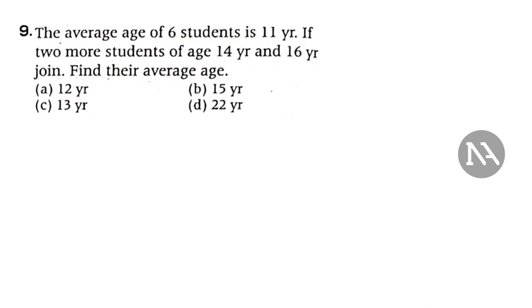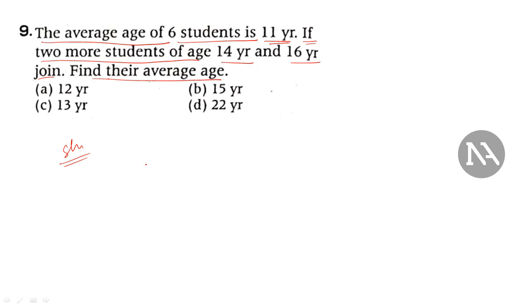Next question. The average age of 6 students is 11 years. If 2 more students of age 14 years and 16 years join, find the average age. So already in a class there are 6 students. Their average age is 11 years.